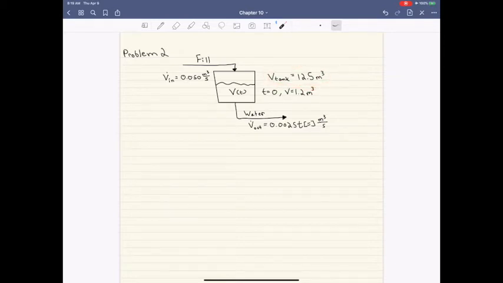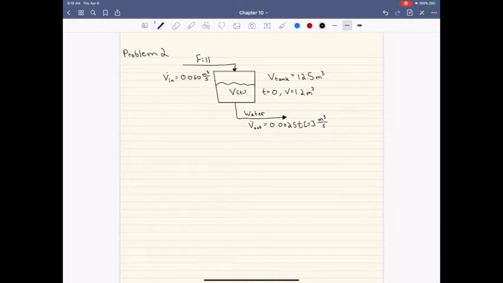And so now that we have all this information, the problem statement wants us to ultimately solve for the volume of water in the tank as a function of time.